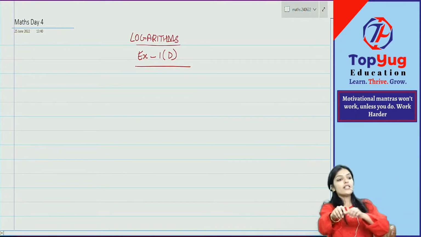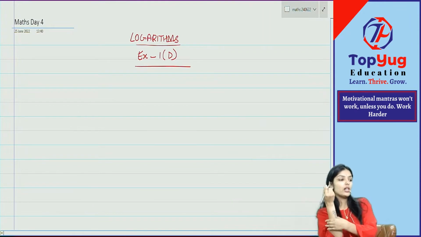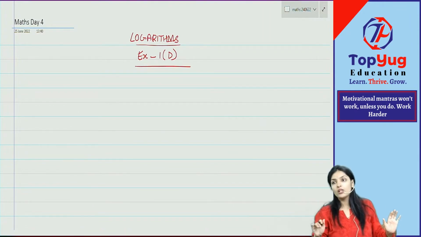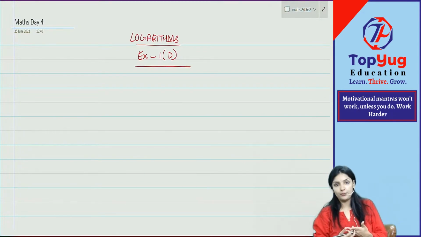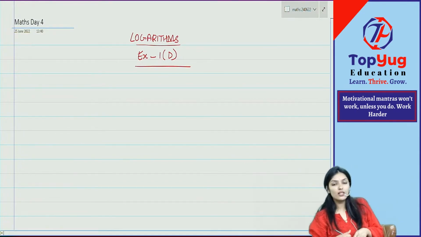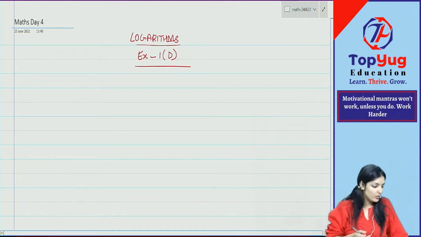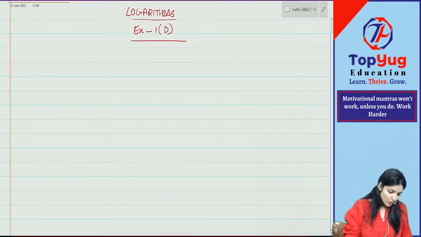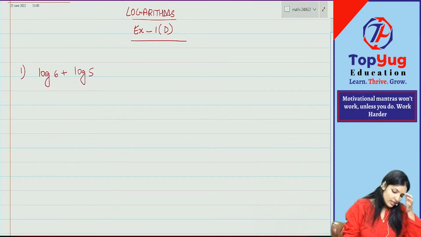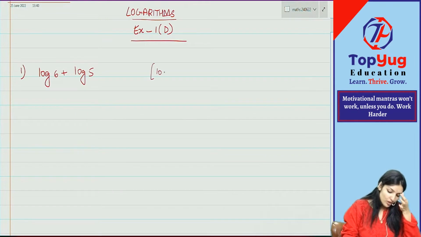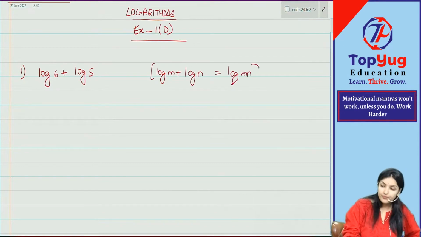Alright, guys, a few questions I would be doing. I don't want you people to copy. I just want you to learn and grasp as much as you can. Once you are good, we can start together. So question number 1: log 6 plus log 5. This is in the form of log m plus log n. Can I write it as log mn?